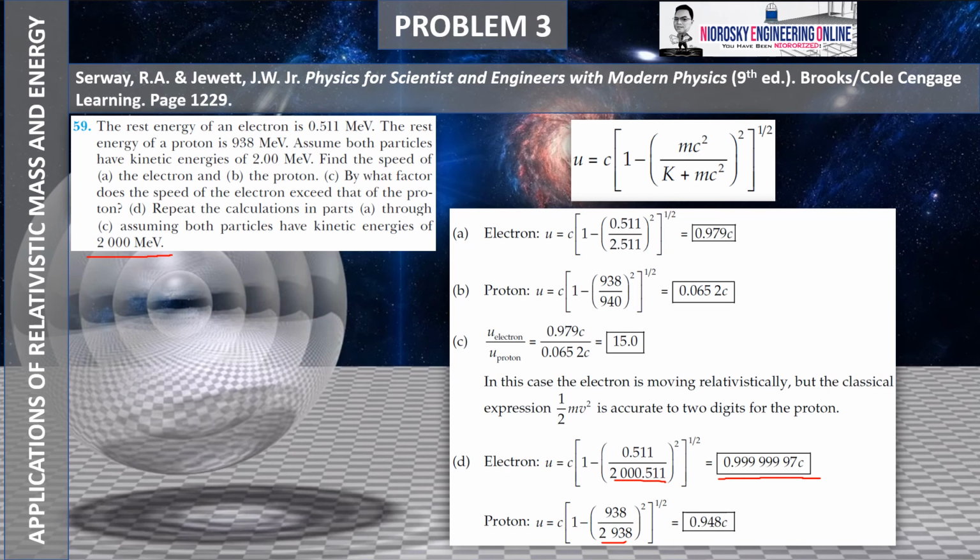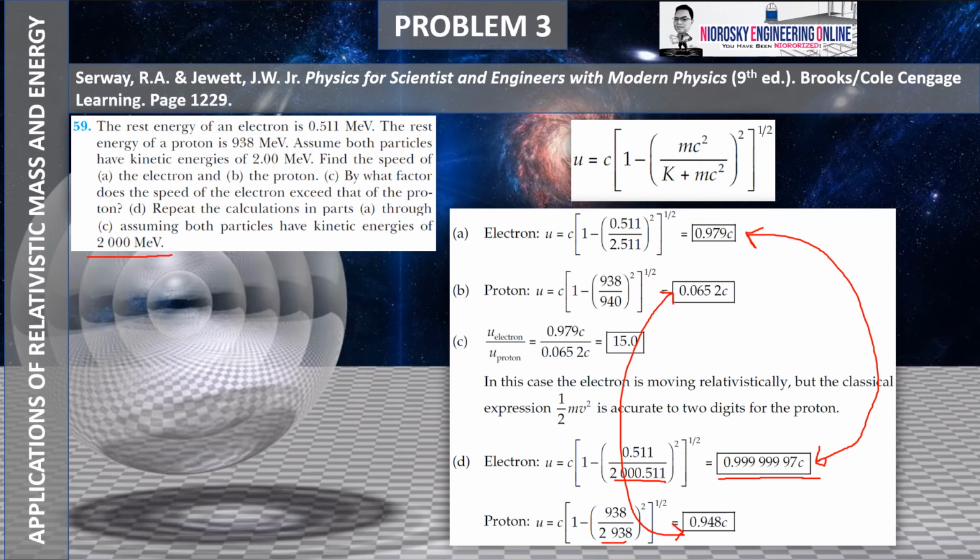Now let's compare. These two seem to be different. There is some similarity in the electron. However, in the proton, it is a huge difference, from 6.52% to 94.8% of c, meaning there is a large gap of change as you increase the relativistic energy.